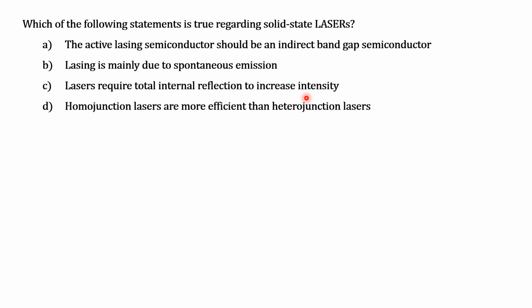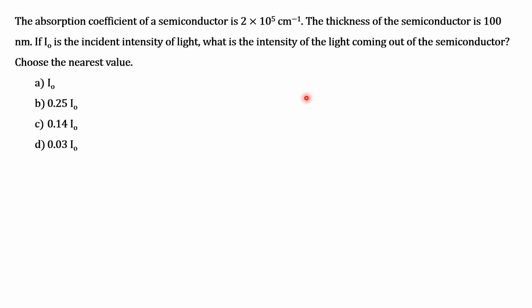Yes, ma'am. Yeah. So next, the absorption coefficient of a semiconductor is given as 2 into 10 power 5. The thickness of the semiconductor is 100 nanometers, and if I0 is the intensity of the incident light, what is the intensity of the light coming out of the semiconductor? We have to choose the nearest value. Absorption coefficient is given, thickness is given, we have to find the relationship between I and I0.